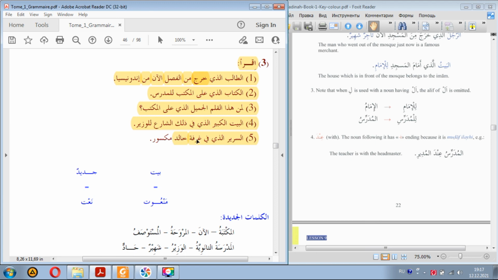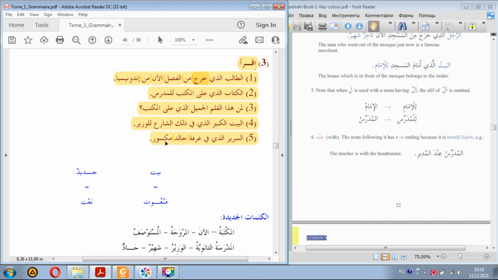Something that's possessed, and Khalid is the possessor. And we said that something that's possessed, which is mudaf, doesn't take tanween. Never. Neither does it take alif lam. So في غرفة خالد.